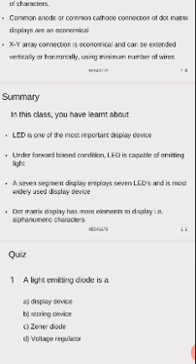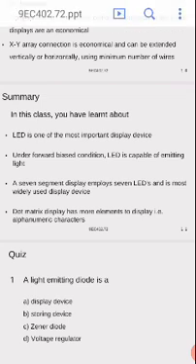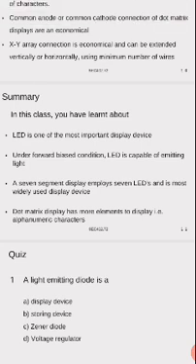So, the remaining option is option A. The answer is display device. Option A is the right answer. A light emitting diode is a display device.